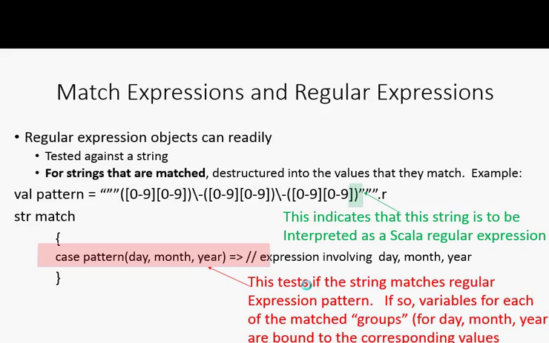Remember, what's going on under the covers is that unapply is being called on the string, and it returns day, month, and year as the return value of unapply, and that's how it can bind these things. If it can't match, it returns None, and it doesn't match that case. Make sense?